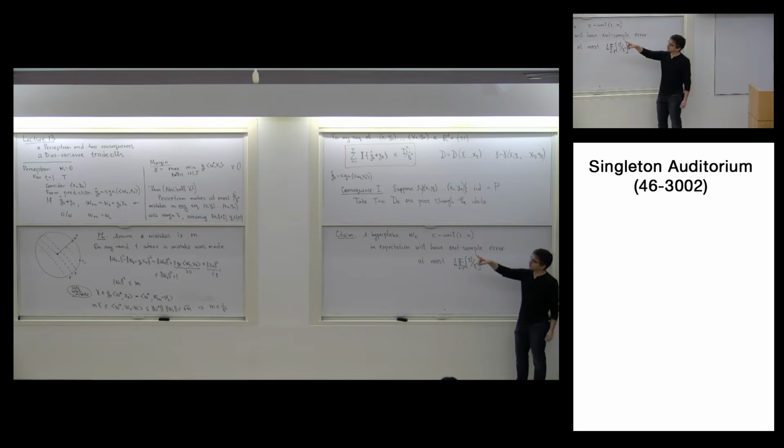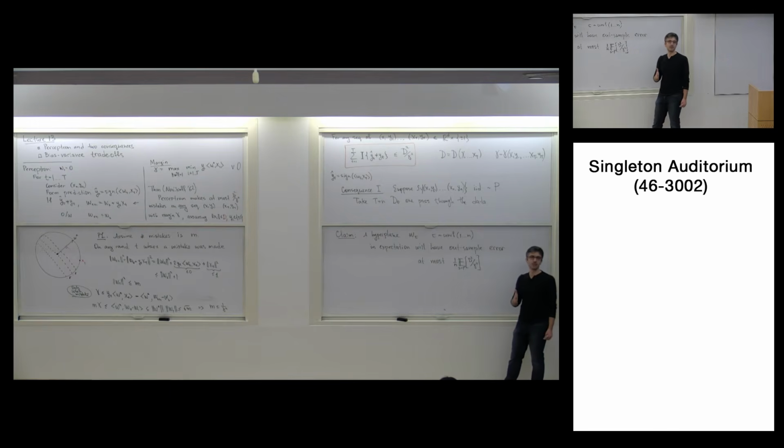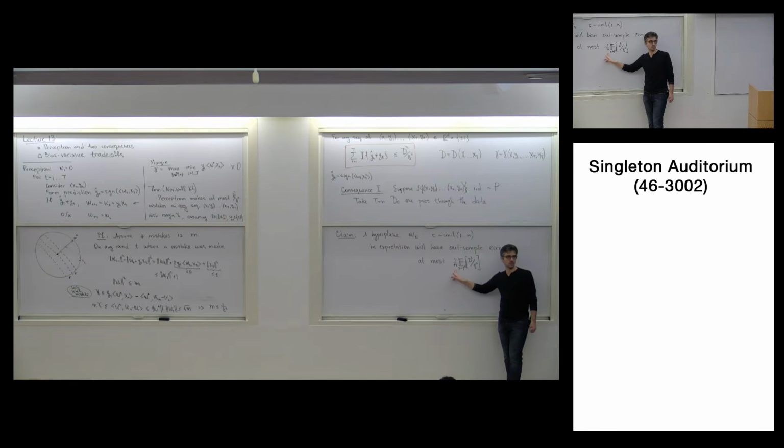Then if you run a perceptron and you pick a hyperplane at random, I would expect that it will make no more than essentially 1 over n mistakes. The expected error is roughly 1 over n. The probability that it would make a mistake is 1 over n.